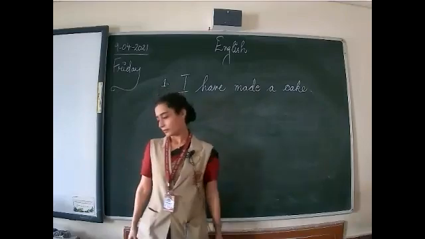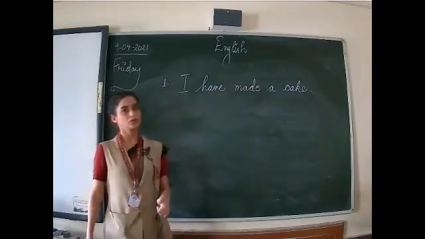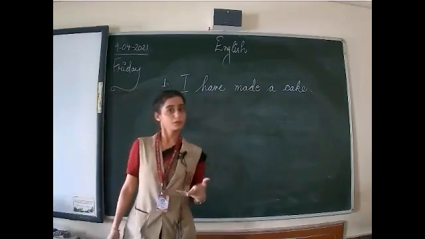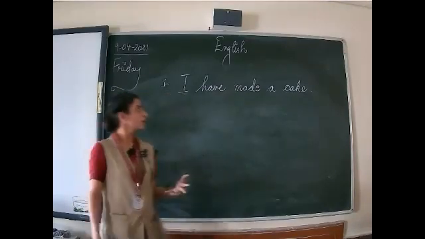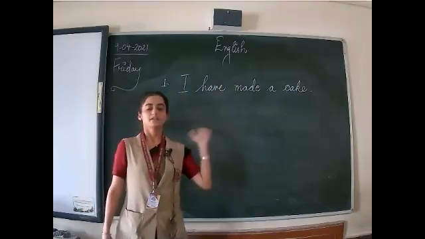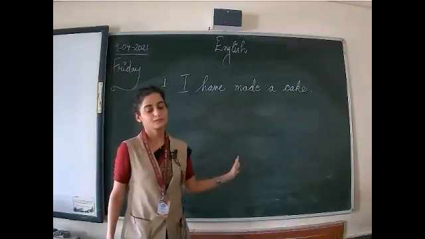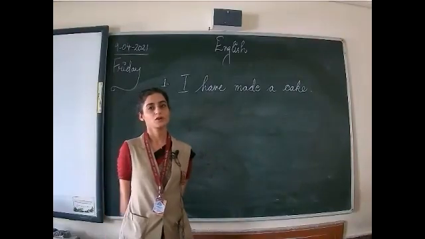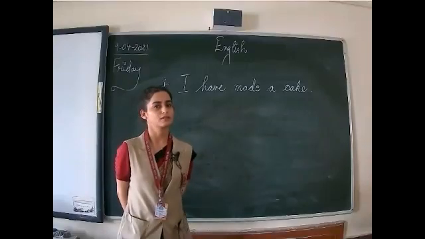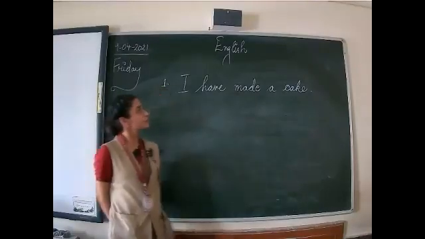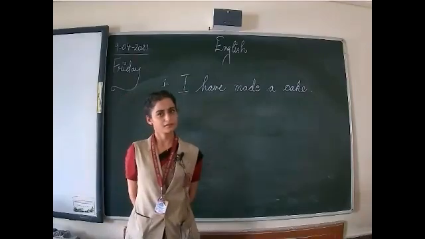Now, first of all, you do this so that I can help you if you go wrong. I have made a cake. Divide it into two parts, the subject and the predicate. I'll just give you a hint. Who has made a cake?